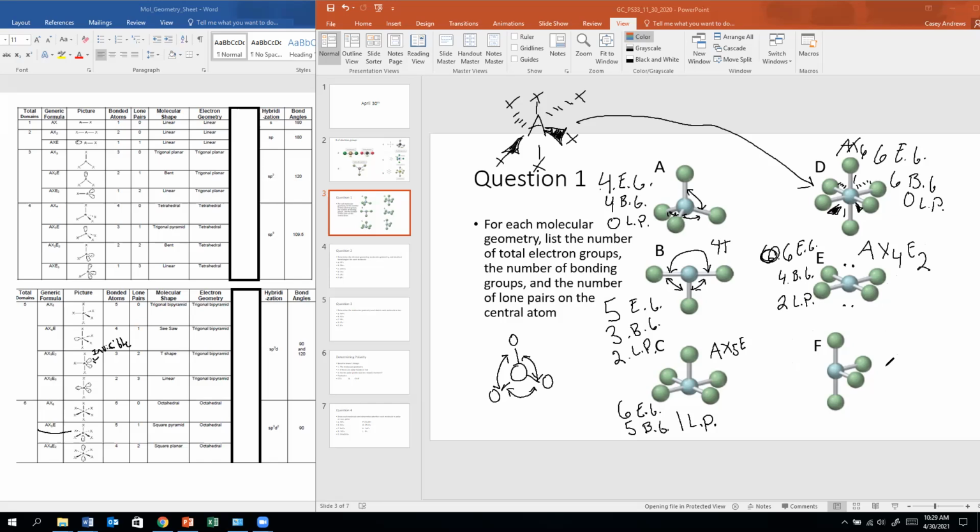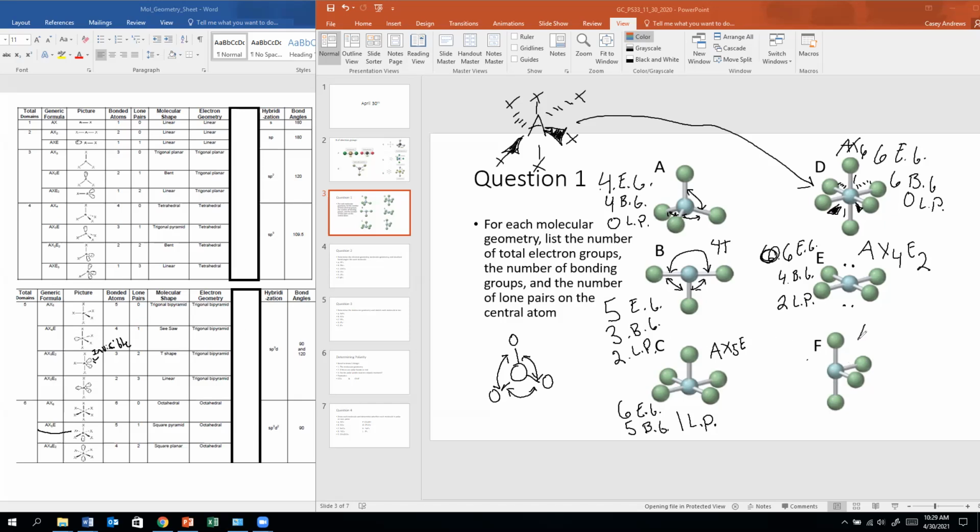Last one, F, is a little interesting looking. Again, there's empty space on the left of F. No atoms are going there. So that tells us electrons are going to be there. So now we need to find a picture that looks like this. And this picture that I'm hovering over looks like that. This is called a seesaw because it looks like a seesaw.